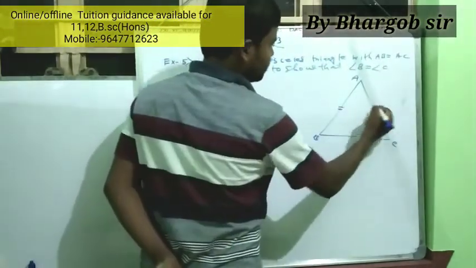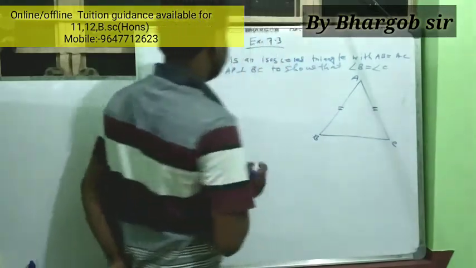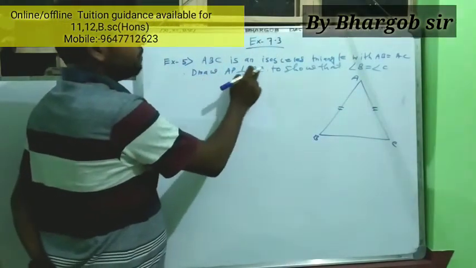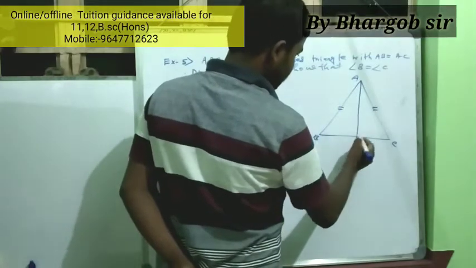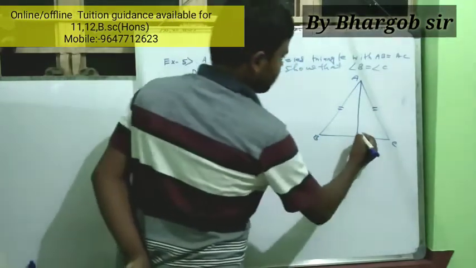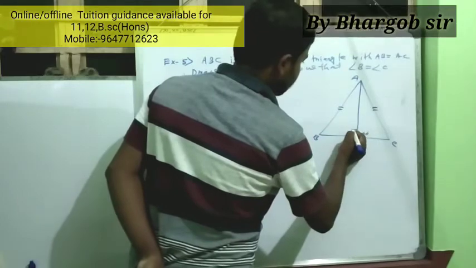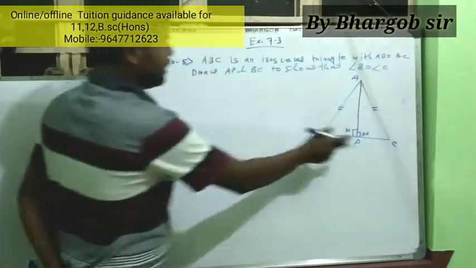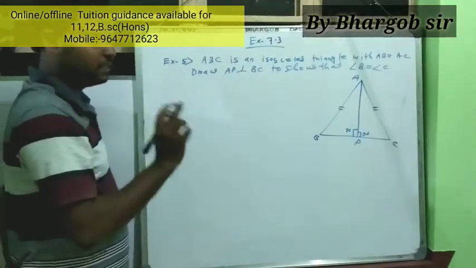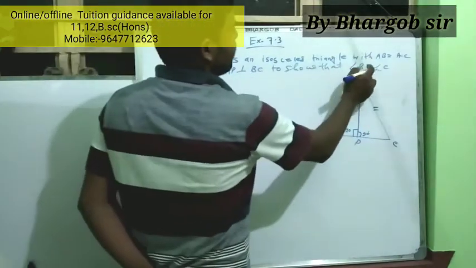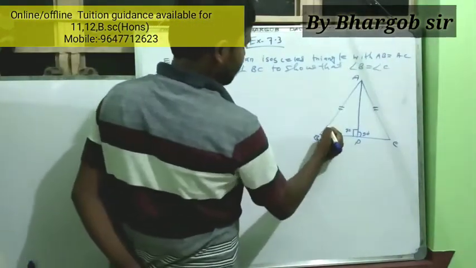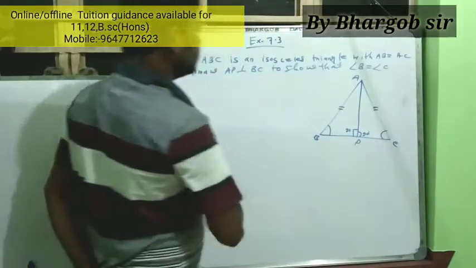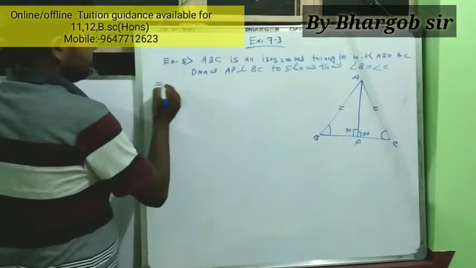Now draw AP perpendicular to BC. So from the point A we draw AP, this is 90 degrees and this is 90 degrees. To show that angle B and angle C are equal, we have to show this angle and this angle equal.